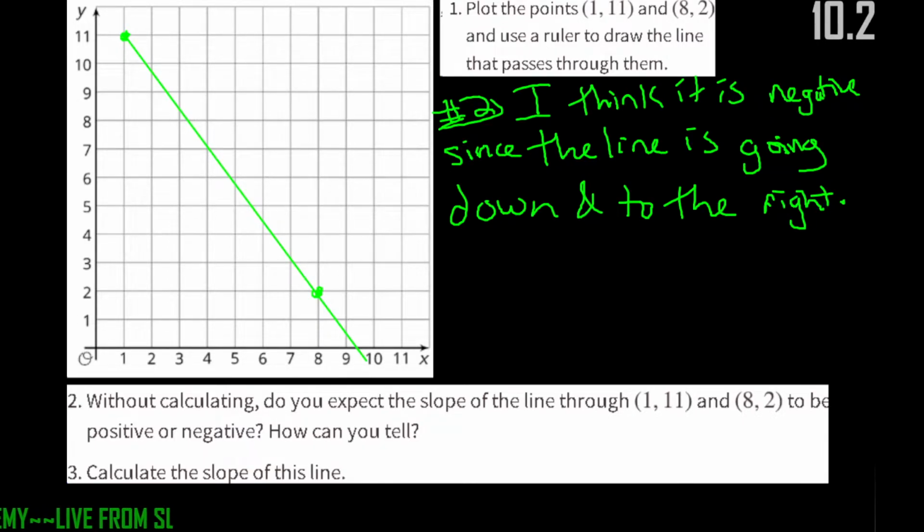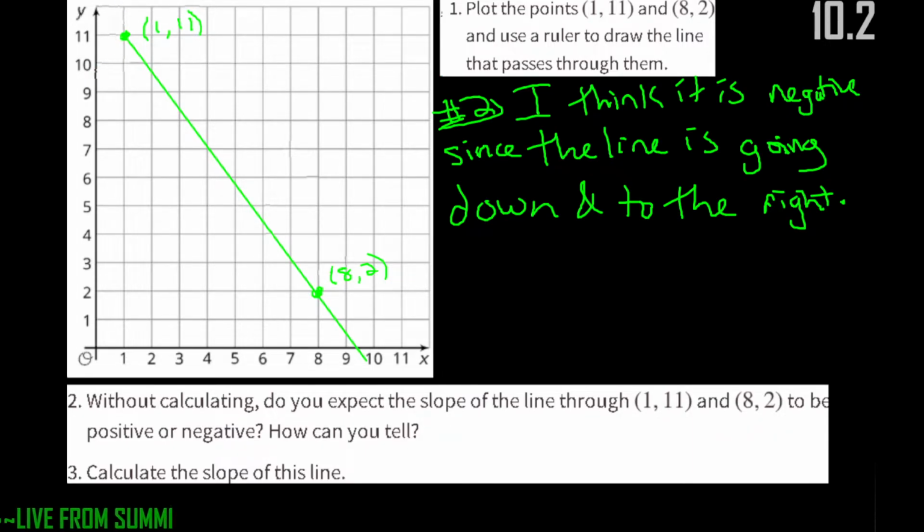And so for number 3, it says calculate the slope of this line. A couple ways to do this. So one way is, let me write these points. This is (1, 11), and this is the point (8, 2). So you can either do it like this. I can draw my slope triangle.